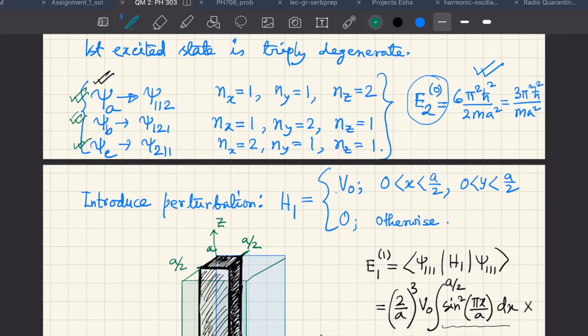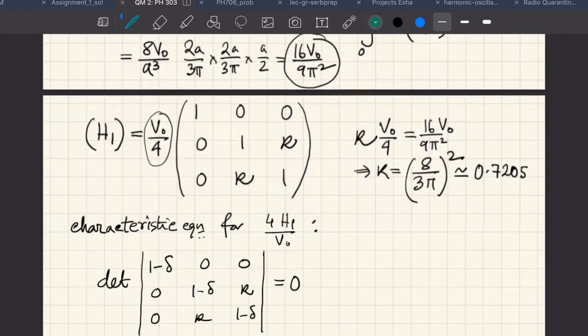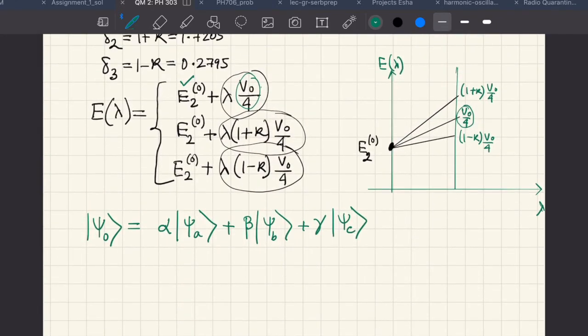They all had the same value of the eigenenergy. So we know that this can be a good combination, and these coefficients alpha, beta and gamma need to be figured out.